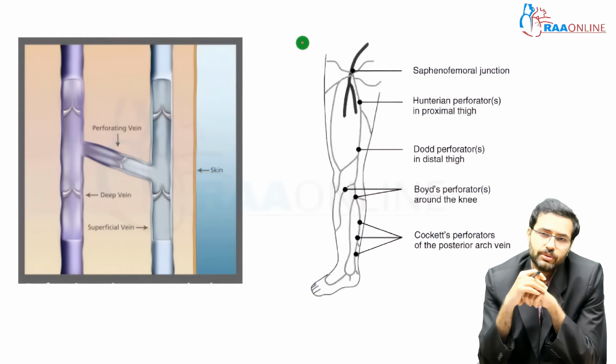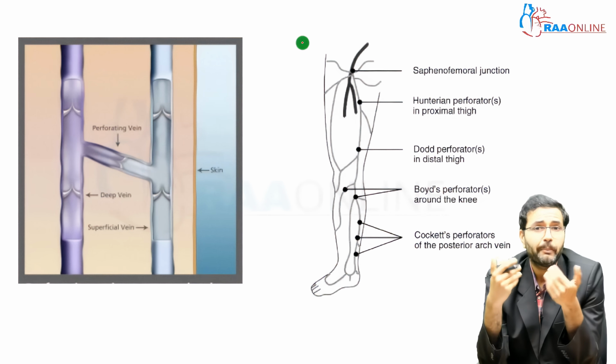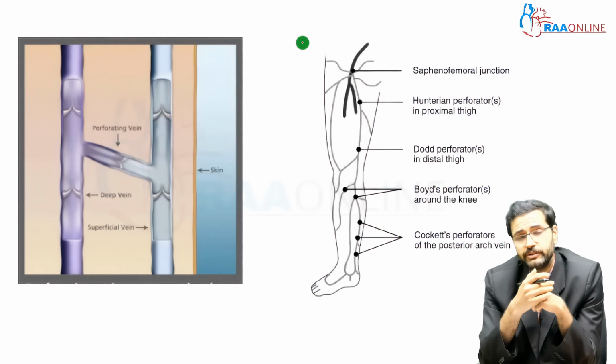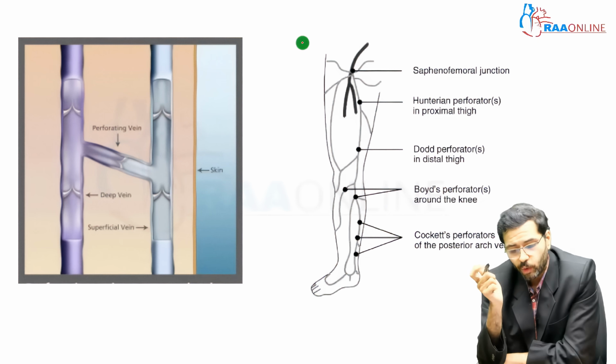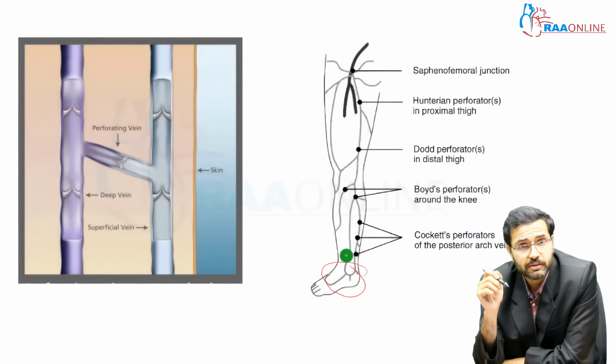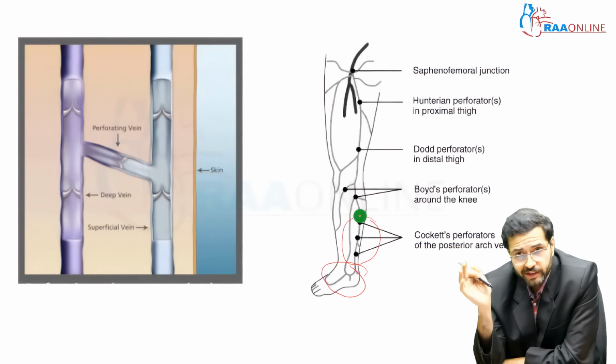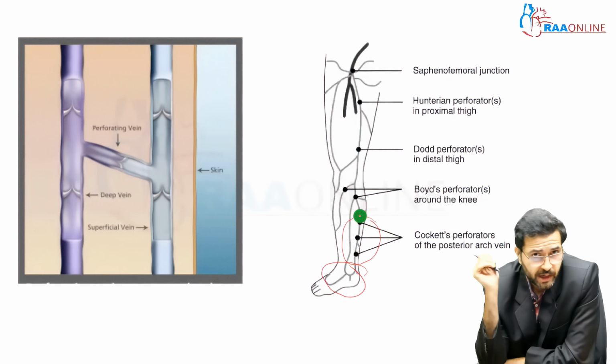These perforators can become incompetent, which would be the right terminology to be used, in varicose veins. Even though the number of perforators in the lower limb is many, the named perforators are the ankle perforators of May and Kuster. You have the lower leg perforators, which are called Cockett's perforators 1, 2 and 3.